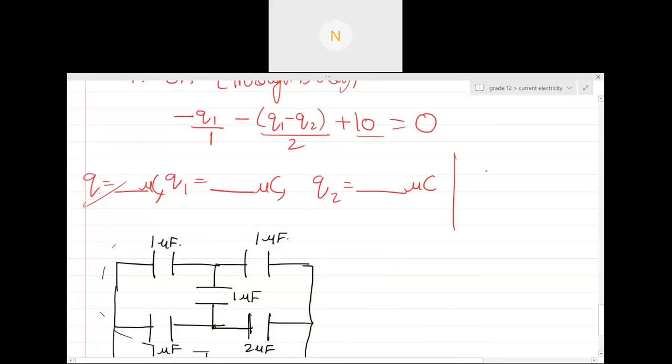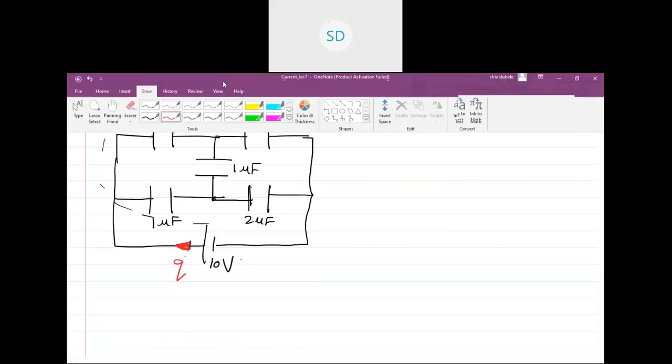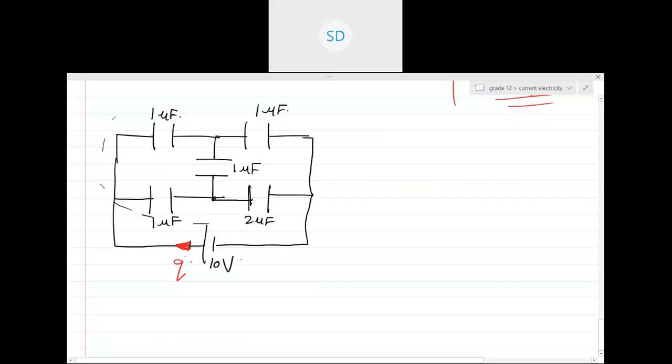Is this clear, guys? Solve the equations. I'm not solving as of now. No need to distribute the charge or anything. Just the node. Only these four. Yes or no?